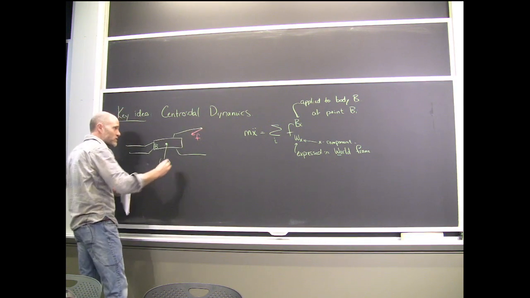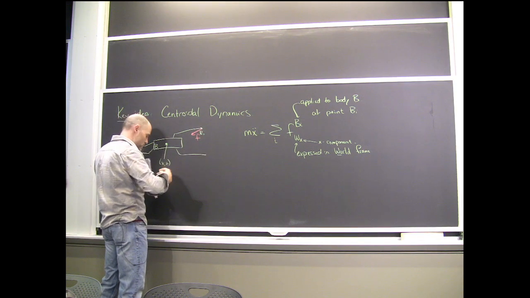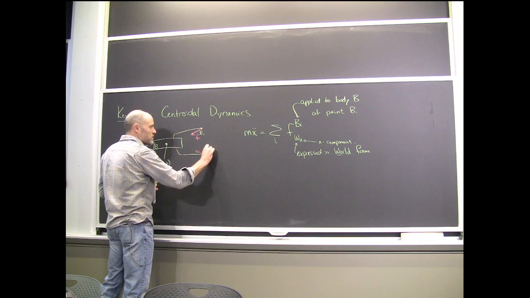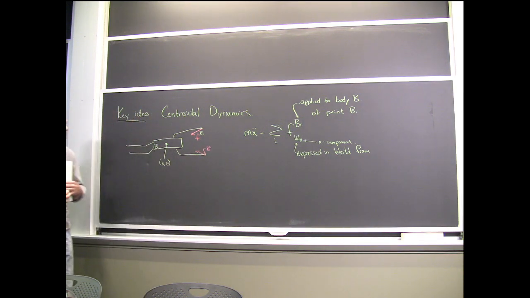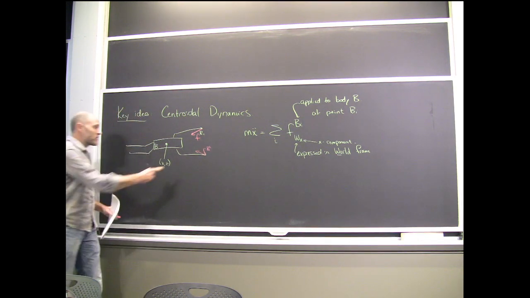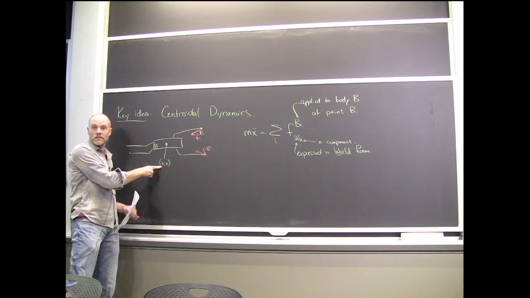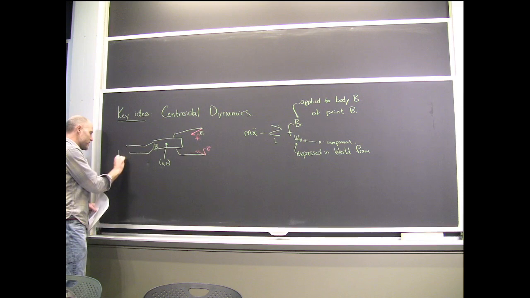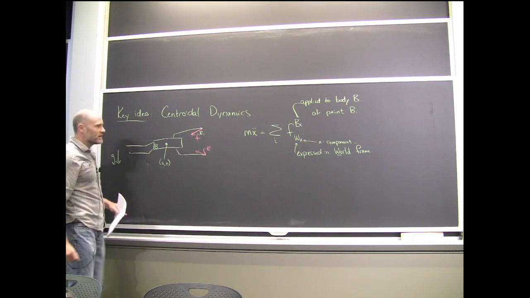I could have multiple forces, force B1, force B2, and the x component of all those forces is the only thing that affects the x component of this, right? Even if I add gravity, it's not any harder.